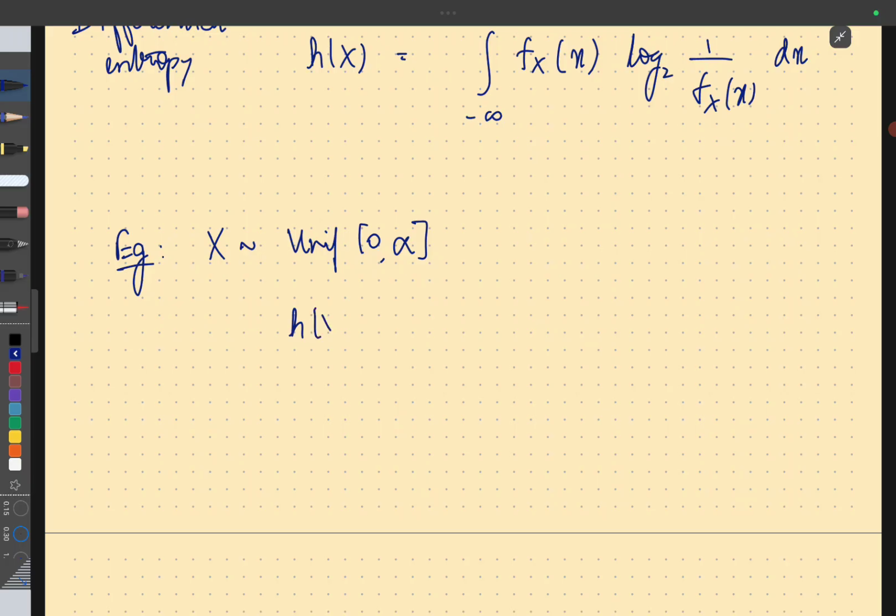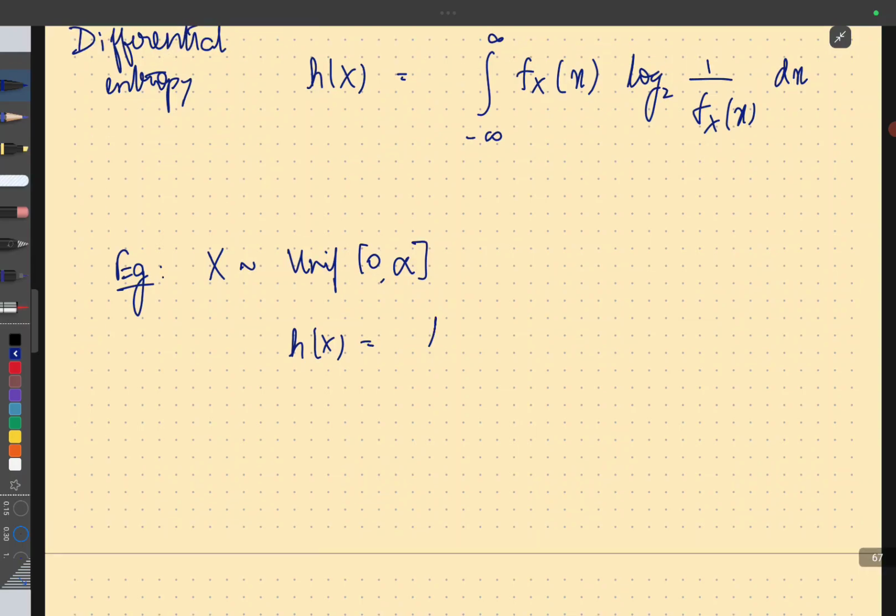What would be the differential entropy of x? Yeah? Just log alpha. Right, and in principle, alpha can be anything. It can be greater than 0, it can be less than 0.